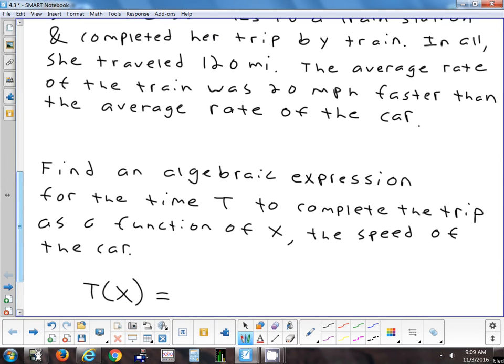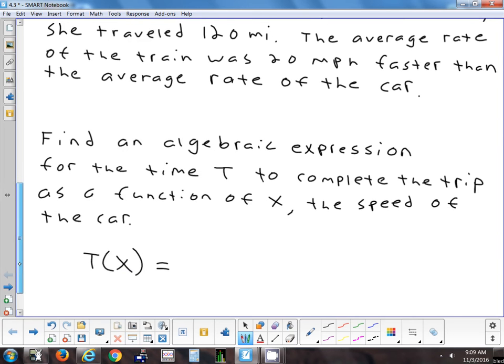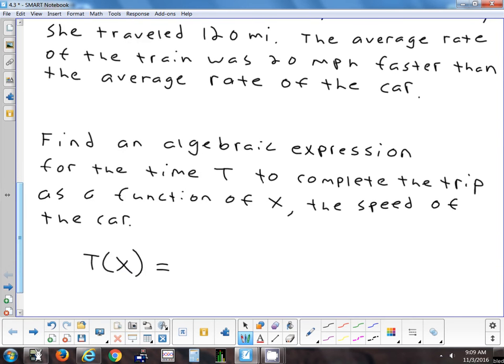So to find the total time of her trip, we're going to have to take the time she spent in the car. And then what? Would we add something to it, subtract, multiply, divide? So we're trying to find the total time.